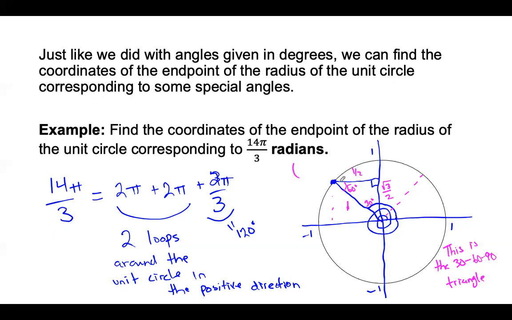So this is negative a half, because it's going this way. And this is going to be positive square root of 3 divided by 2. So that is our point.